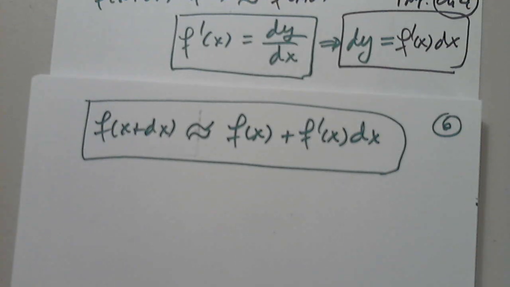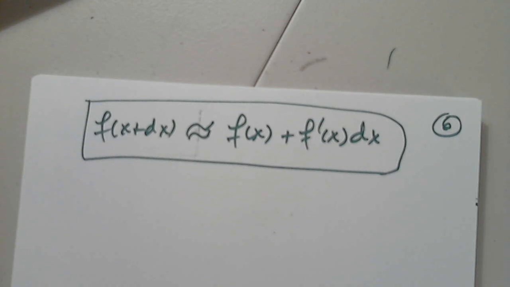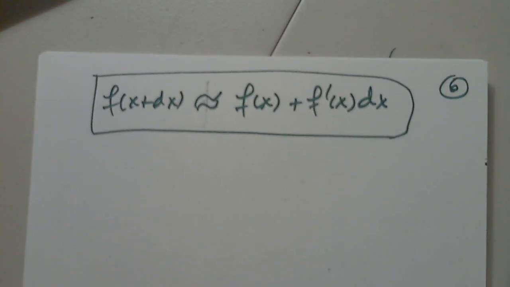Exactly what we just looked at. So let's choose. Please choose an example to work on to find delta y, dy, and evaluate dy for the given values. So please choose a problem. If not, I will choose. 1, 2, 2.5, 3.